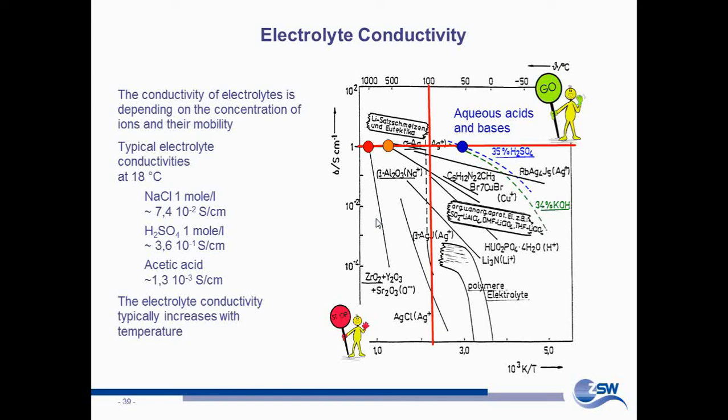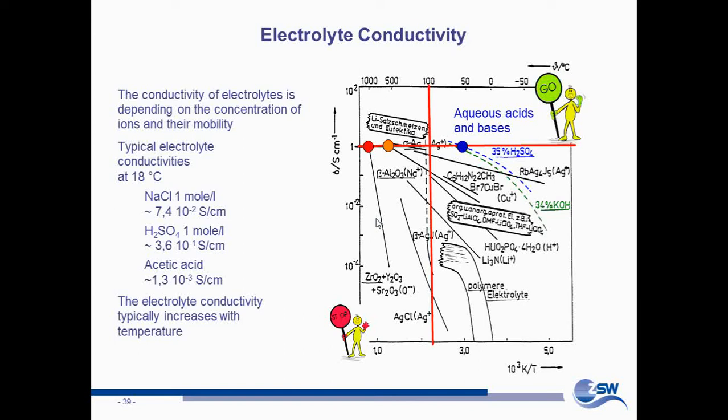Okay, now at the end of the day, the electrolyte needs to provide conductivity. And in a sense, we would really like to be there. In the polymer membrane fuel cells, we typically are around here. And this has some consequences.